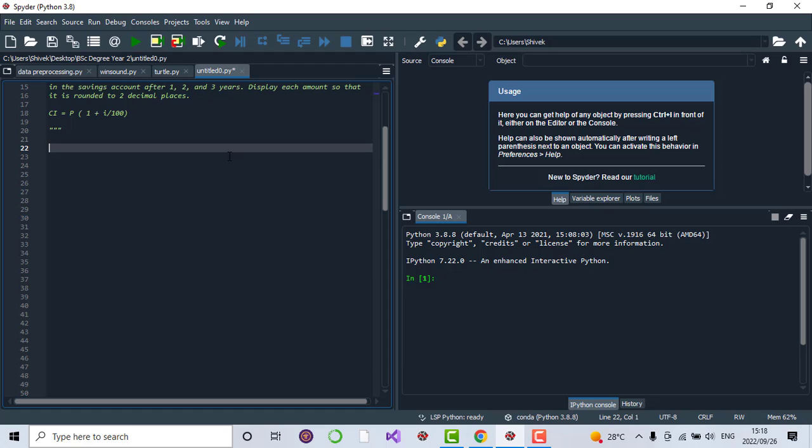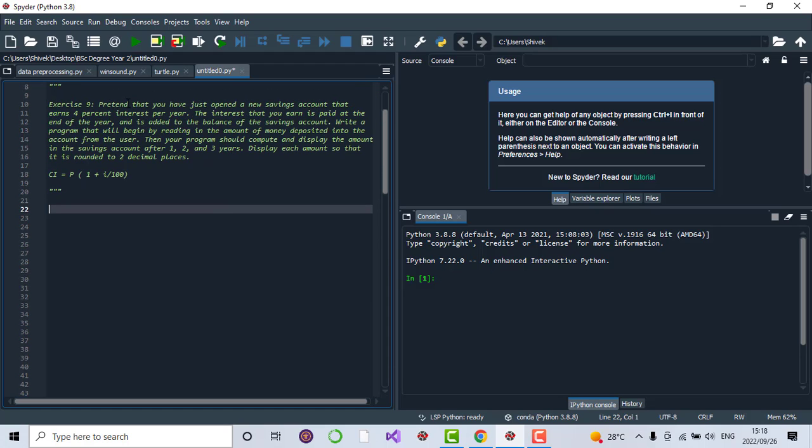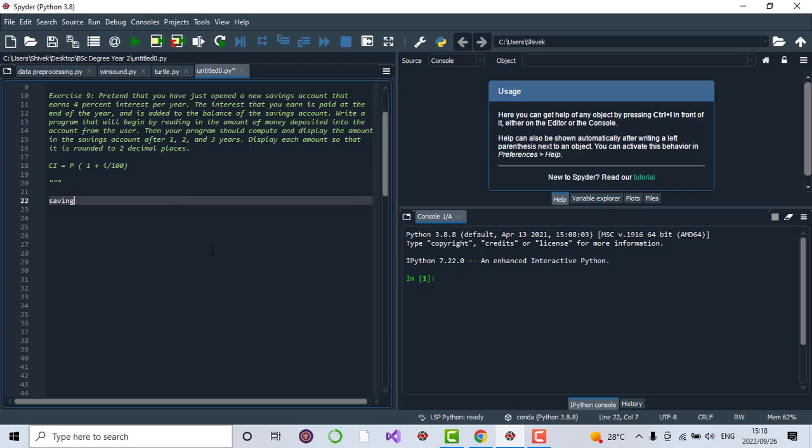So let's proceed to set up this program. First things first, we need an input prompt. Let's call this savings deposit equals, and we'll do a float input.